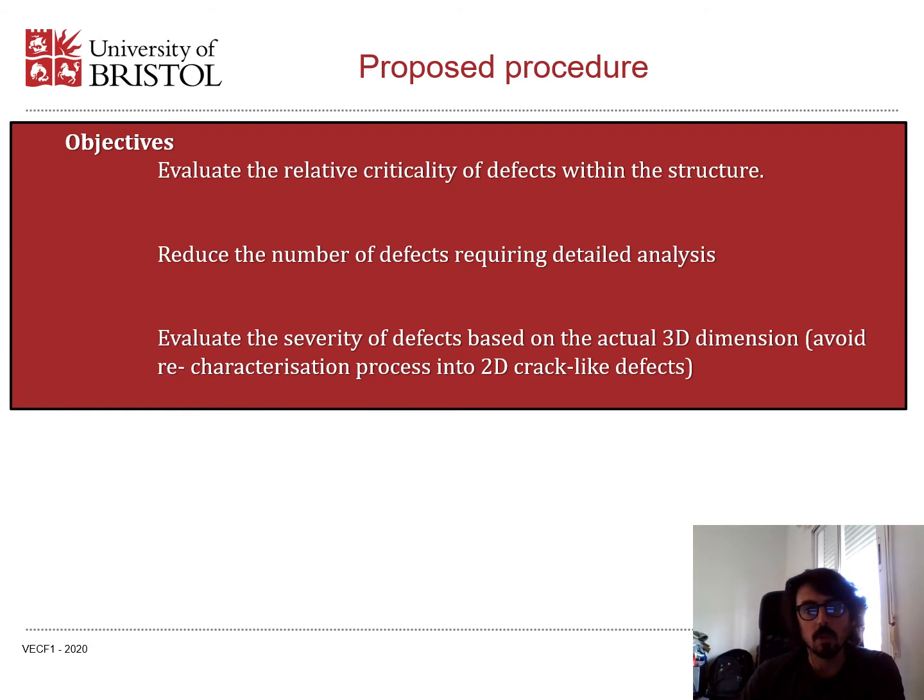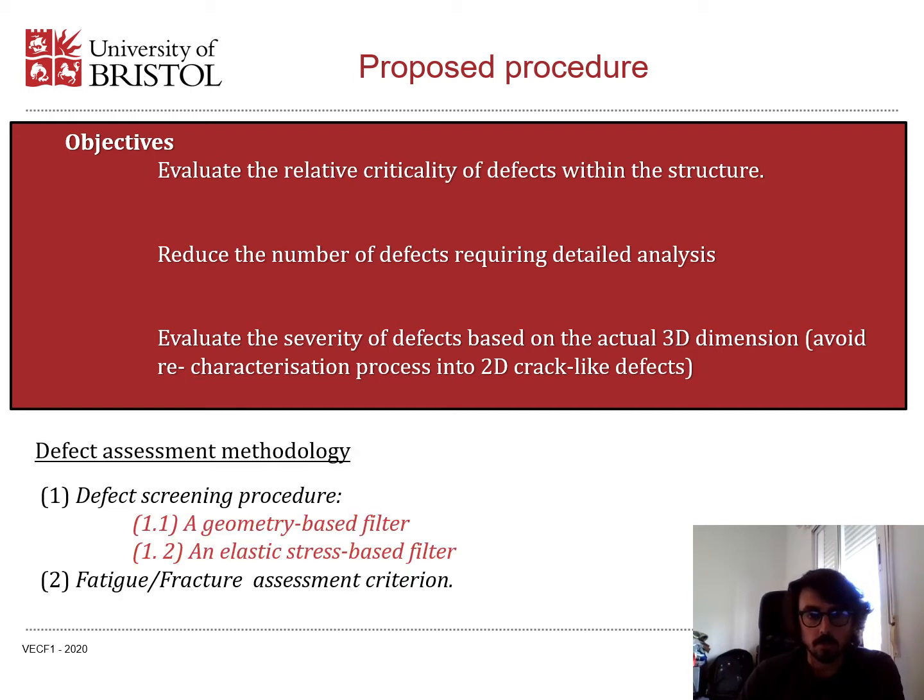So the objectives of the project, and what we will be presenting in the next few minutes, are to evaluate relative criticality of defects within the structure, reduce the number of defects requiring detailed analysis, and evaluate the severity of defects based on the actual 3D dimensions.